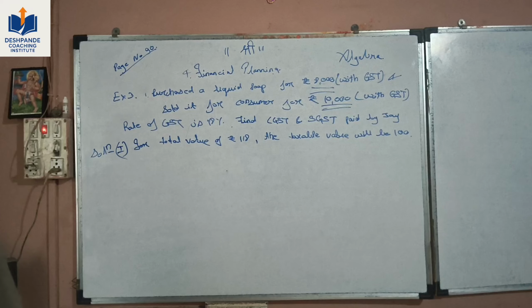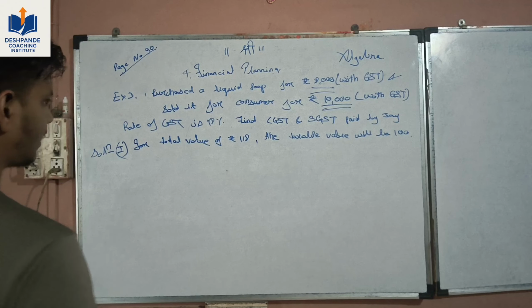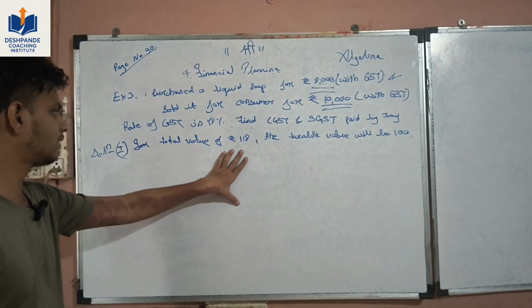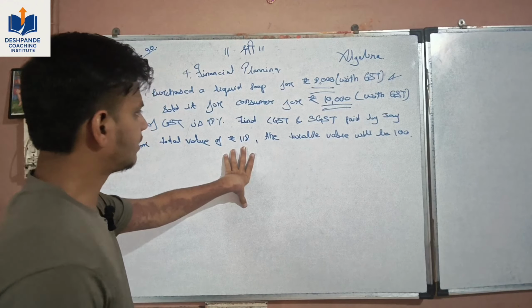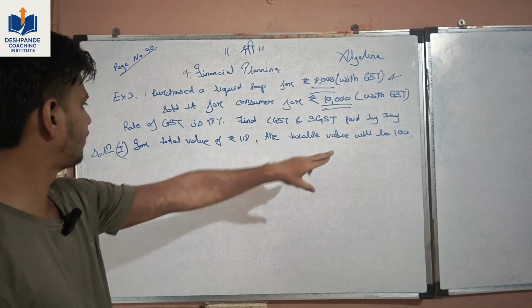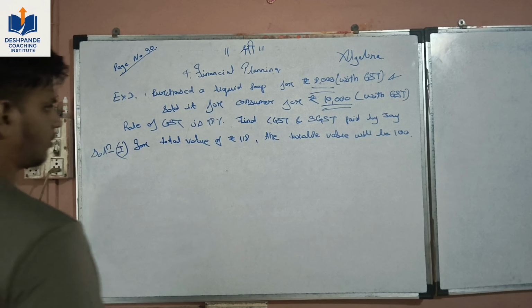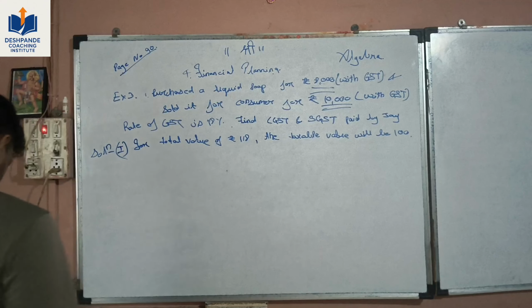In this line they want to tell us that if the total value of any product is 118, then the taxable value will be 100, according to the GST rate of 18%.